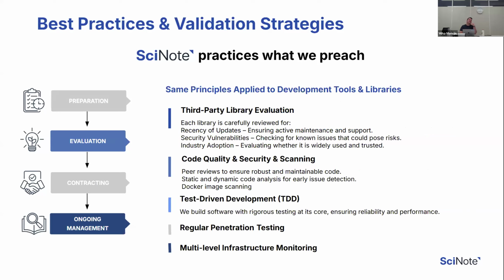We're checking if each library needs to be updated, if the privacy terms have changed for the development library, and how adopted this library is in the wider industry space we're living in. And we go even a step further. We're checking ourselves. The development team has peer review of the code and penetration testing each year. So we are not only adhering to the standards, we are doing more.